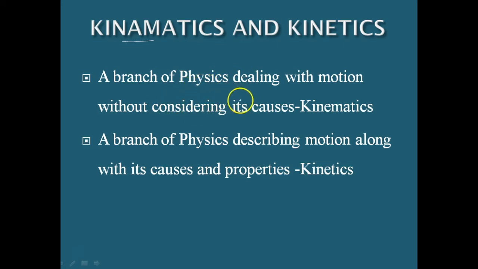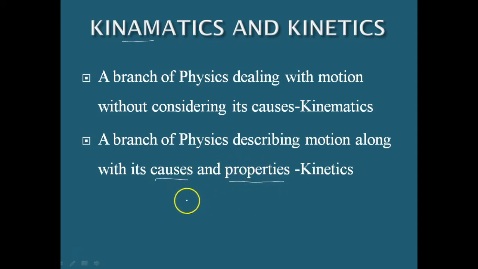In the case of kinematics, what is kinetics then? It is exactly the reverse of it. It is also a branch of physics describing motion along with its cause as well as properties.